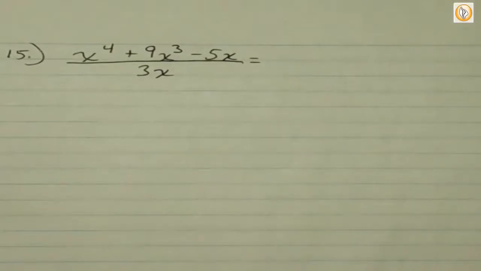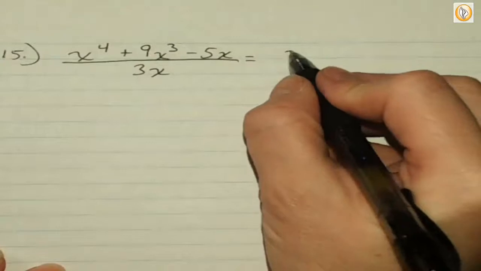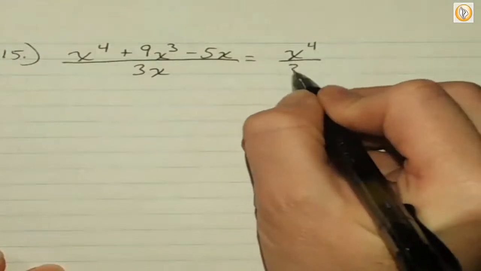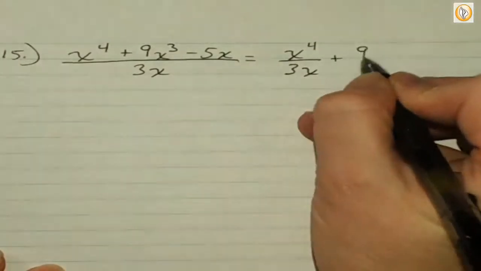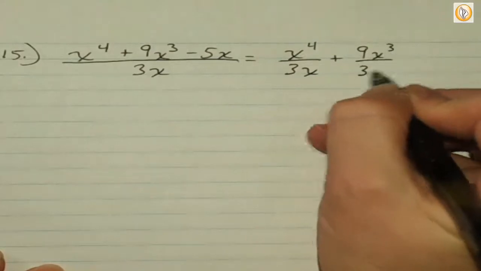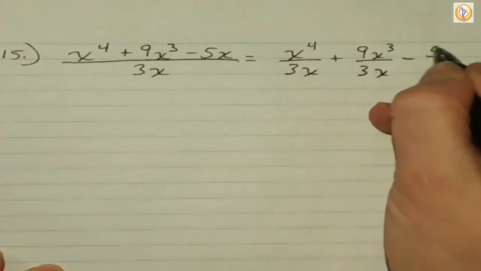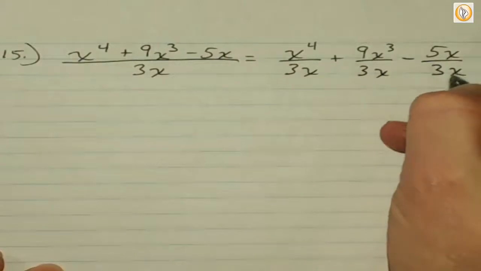Maybe first separate it. We have each one. So x to the power 4 over 3x plus 9x cubed over 3x minus 5x over 3x.